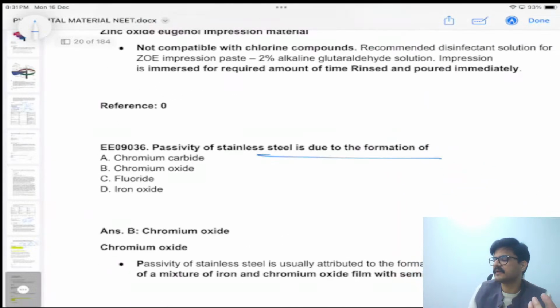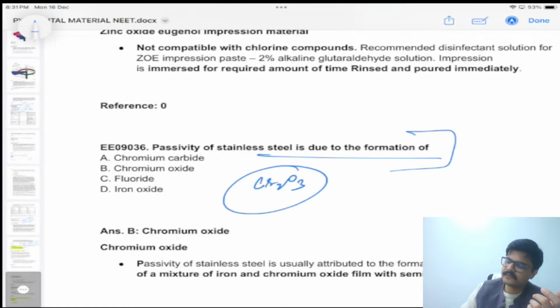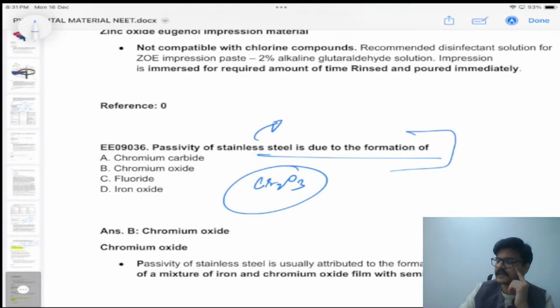Passivity of stainless steel, guys. Obviously, chromium oxide. In this, please remember the other important MCQs like the austenitic form of stainless steel, martensitic form of stainless steel.